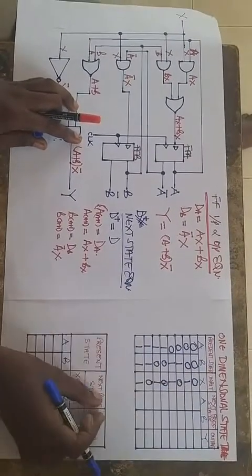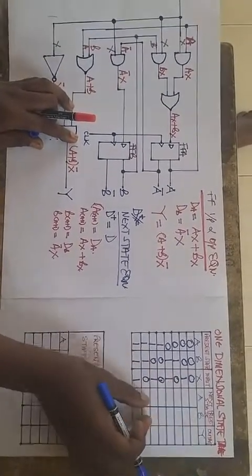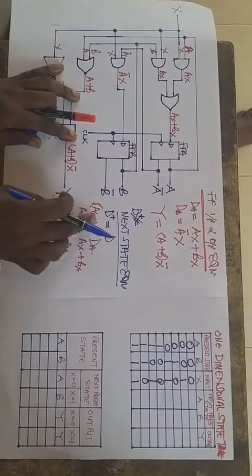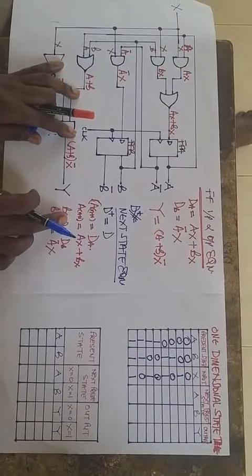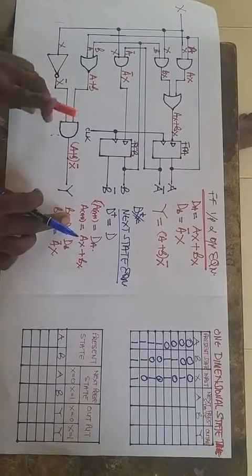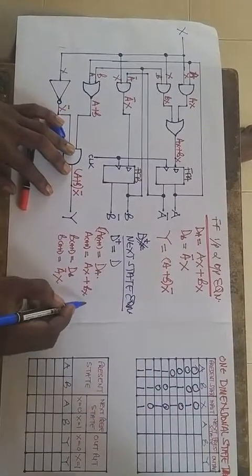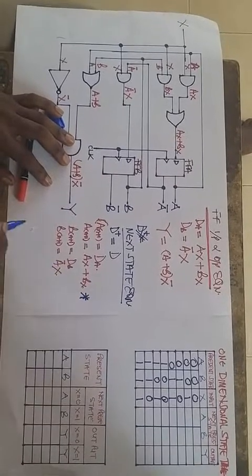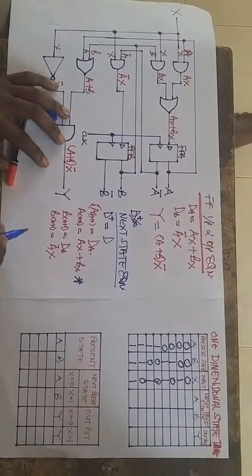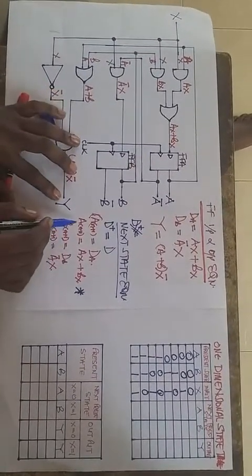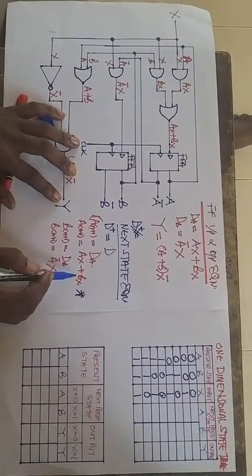How do we get the next state? We fill in the next state based on our next state equation. In our next state equation, A is given by AX plus BX.